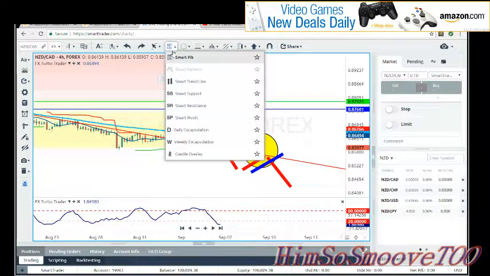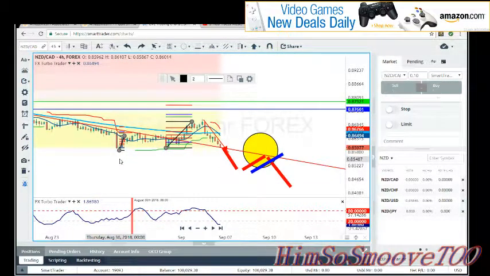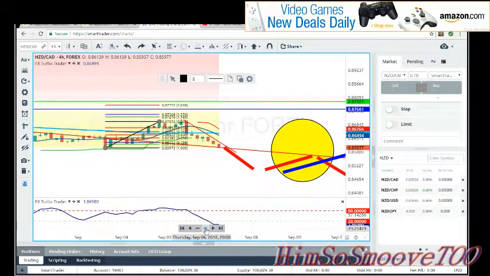And let's bring in Fibonaccis on this 4-hour. But as you can see right now, this A swing has been taken out by this market movement already.